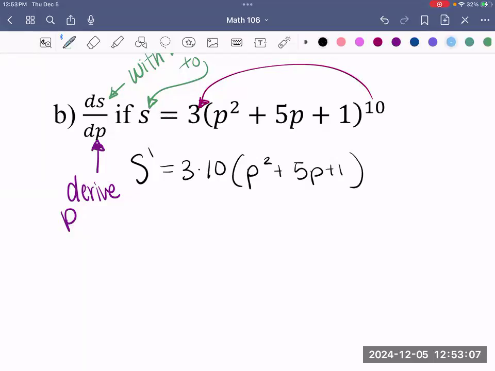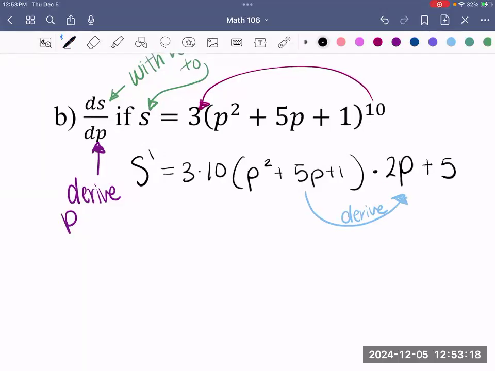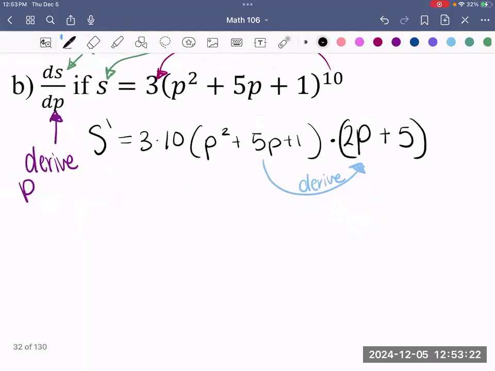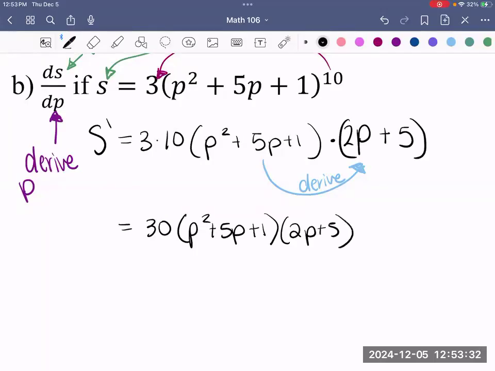Then you get to go ahead and derive the inside. So that would be deriving your inside. Make it look a little bit nicer. We get 30p squared plus 5p plus 1 times 2p plus 5.